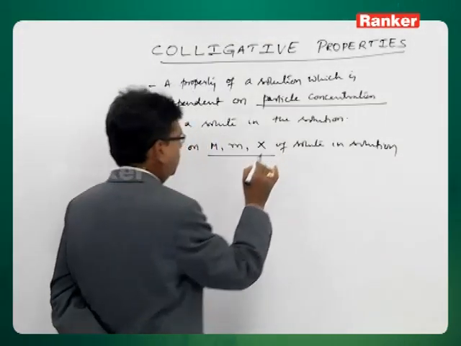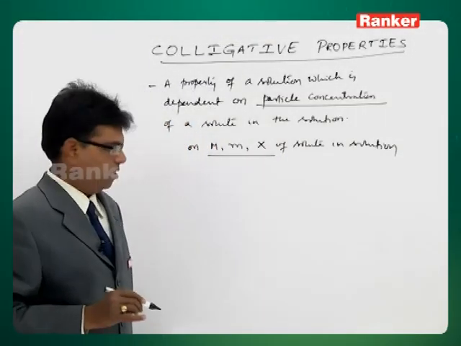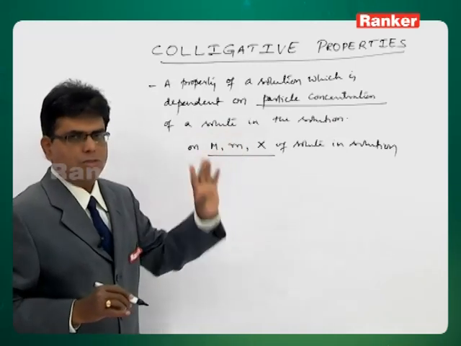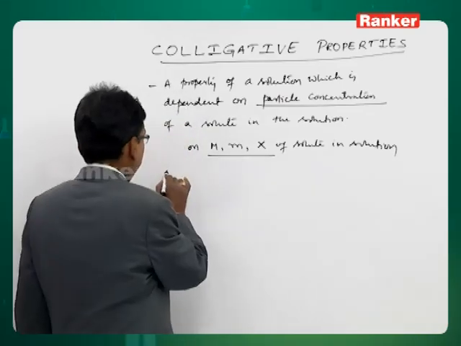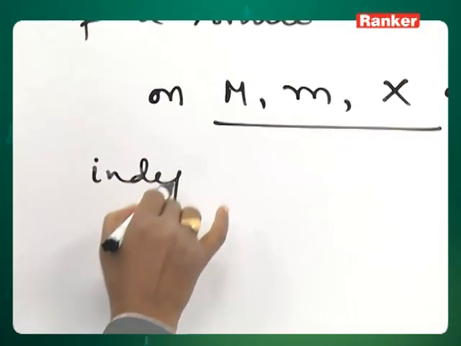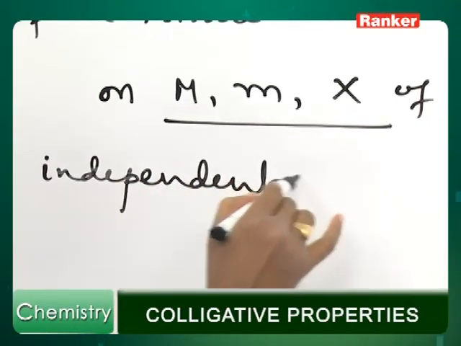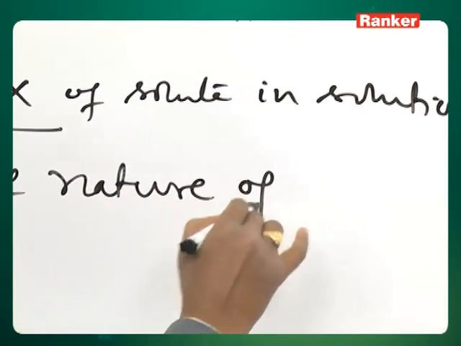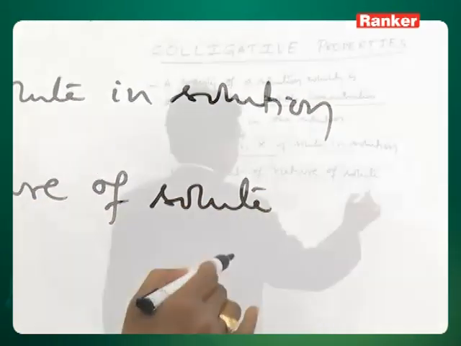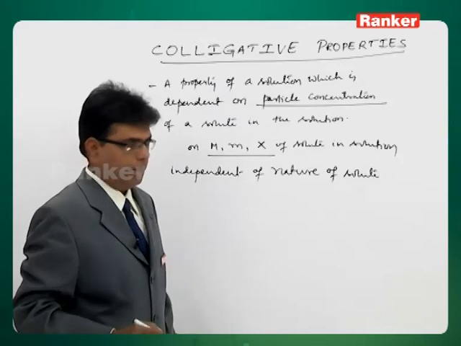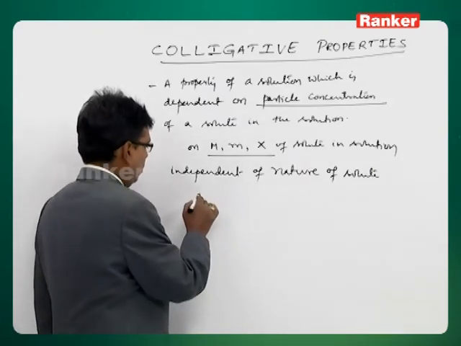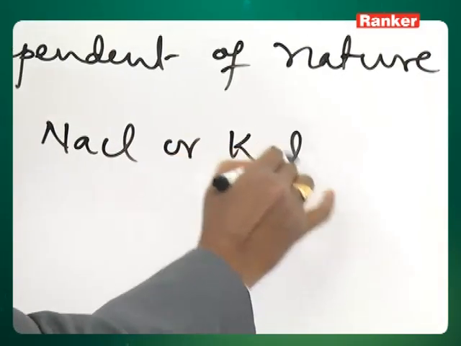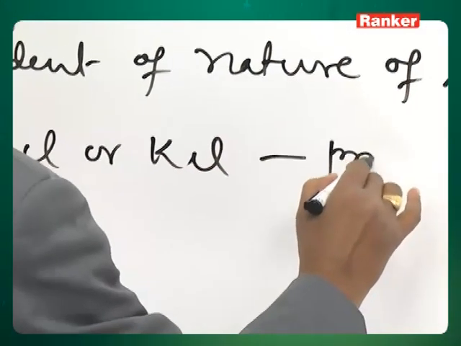The different concentration terms are what we already discussed. So, it depends on the particle concentration of the solute, but it is independent of the nature of the solute. The meaning is, whether the solute is NaCl or KCl, the property is the same.